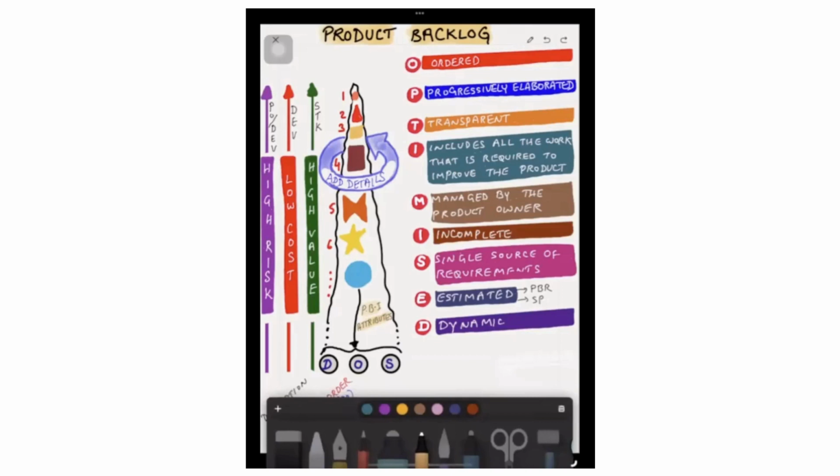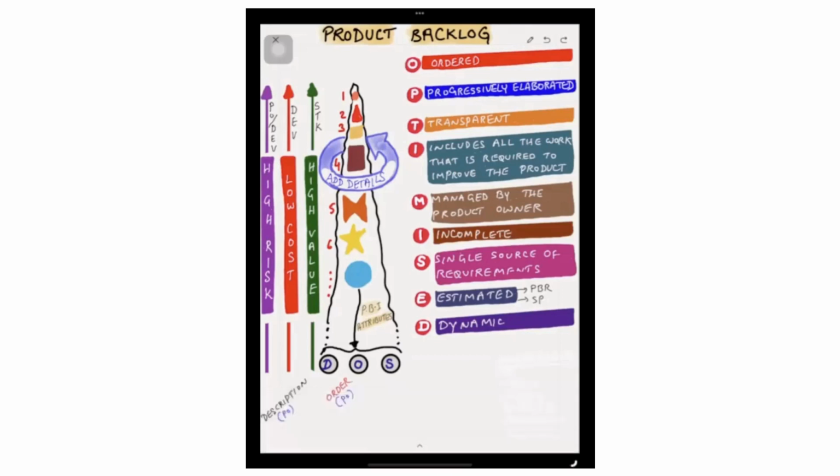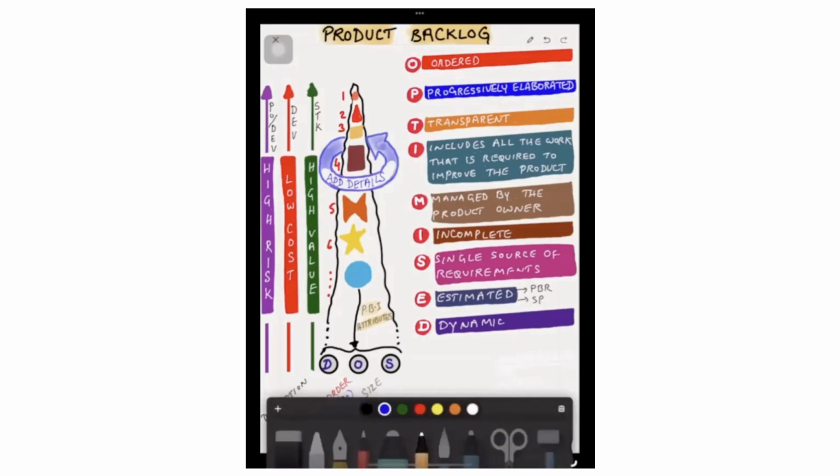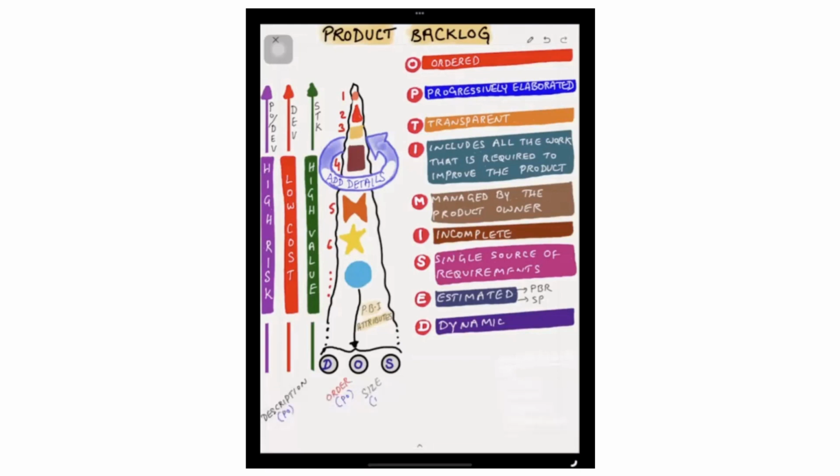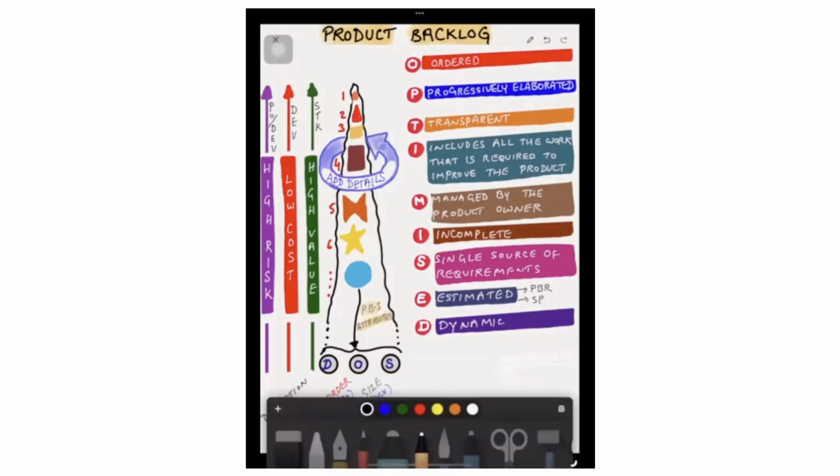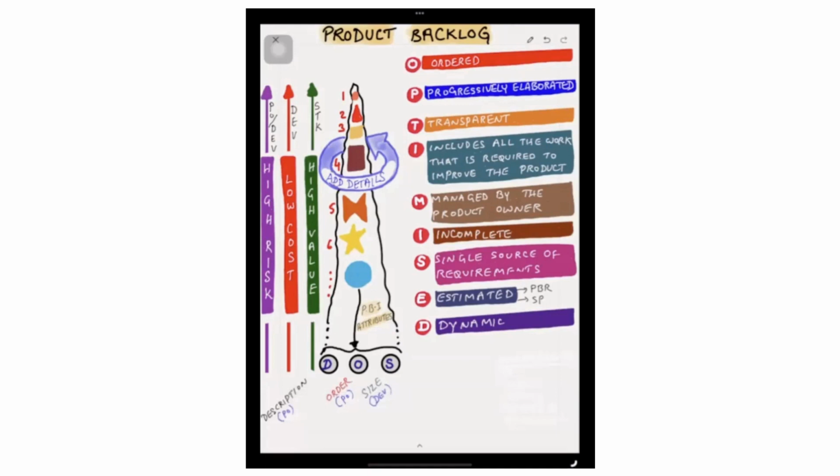And S stands for size. Size in terms of estimation. So developers will provide the size information to the backlog items. How do they do that? This description of each backlog item will help the developers to understand the exact functionality of the backlog item which needs to be implemented.